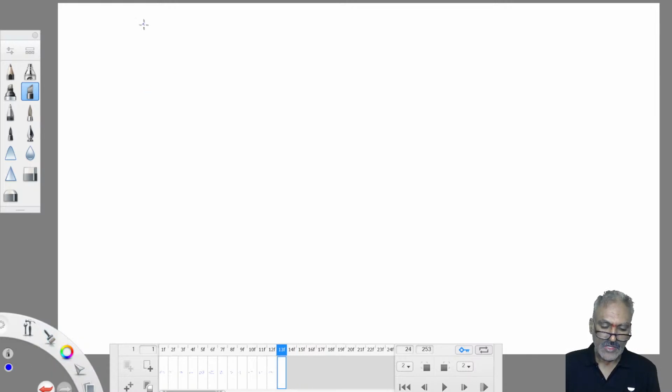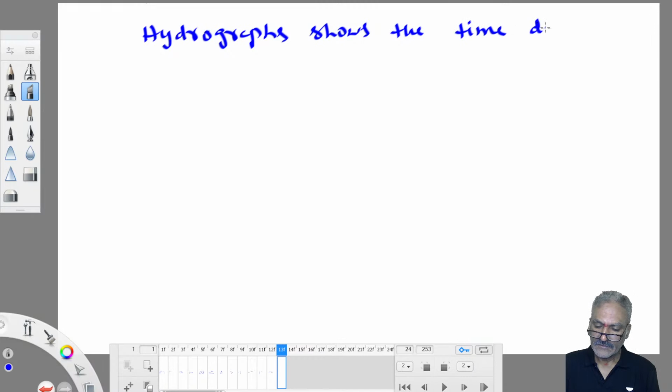So the hydrograph shows the time distribution of the runoff, that is, with respect to time, how runoff is delivered into the stream.